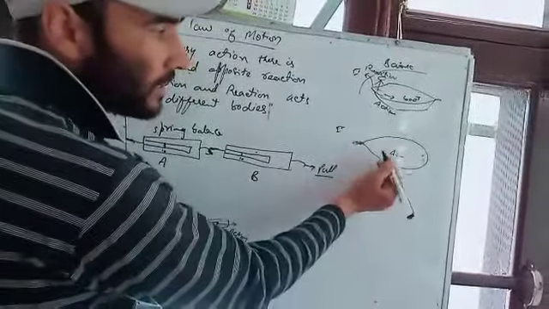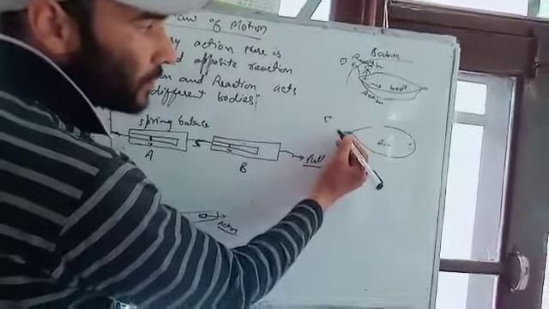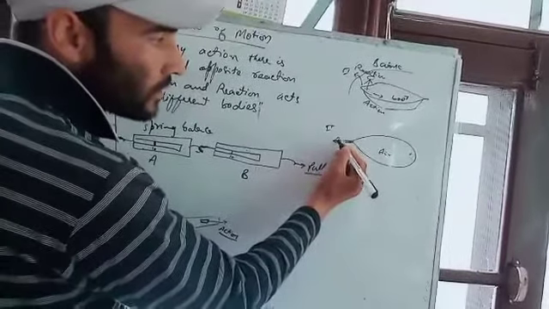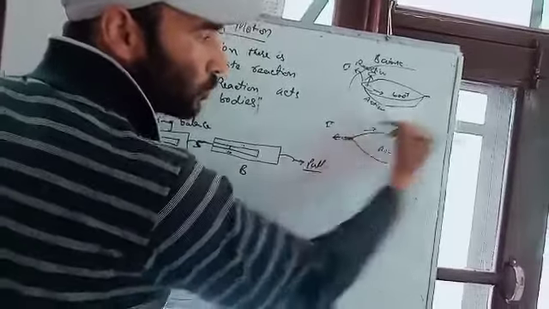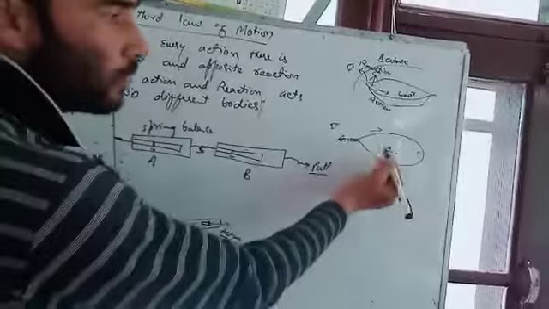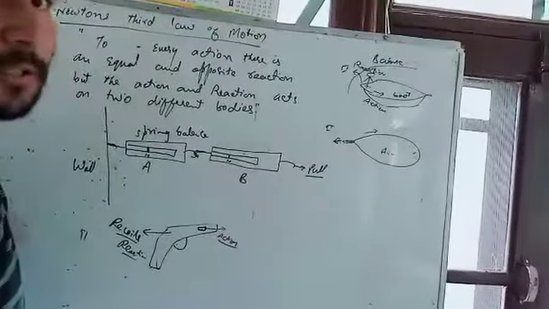The air present in the balloon is released with pressure, and the force is applied in that direction. It is the action, and what is the reaction? The balloon moves backwards, that means in the opposite direction from where the air gets released. It is another example of the third law of motion.